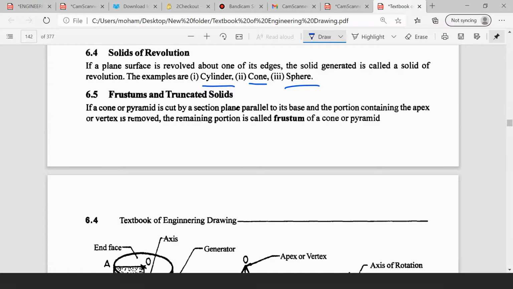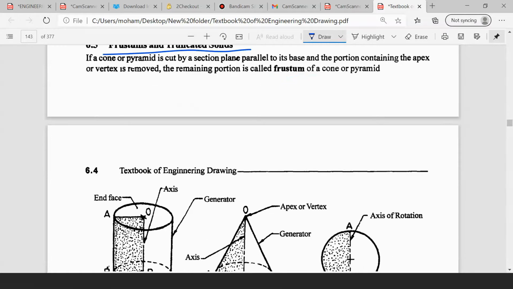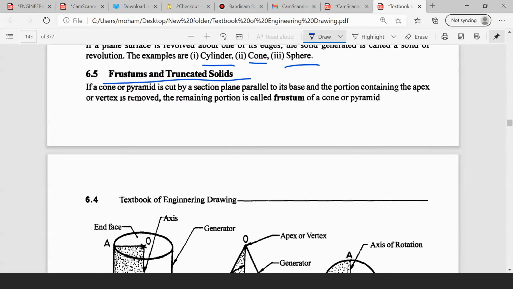Frustum and truncated solids. I have already explained what a frustum of a solid is, in the frustum and truncated solids and isometric projection topics. The cone or pyramid is cut by a section plane parallel to its base, and the portion containing the apex or vertex is removed.